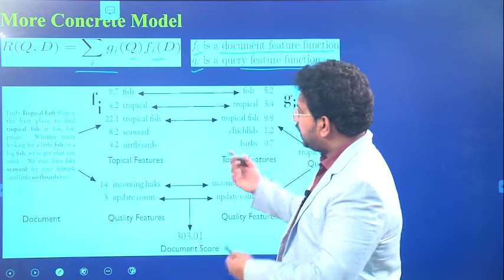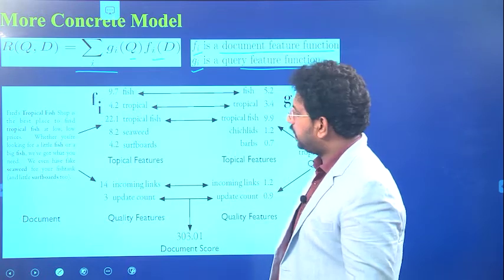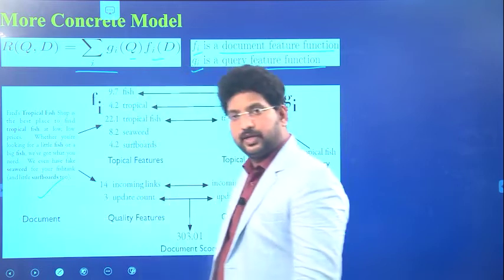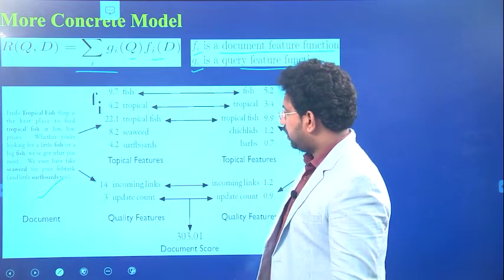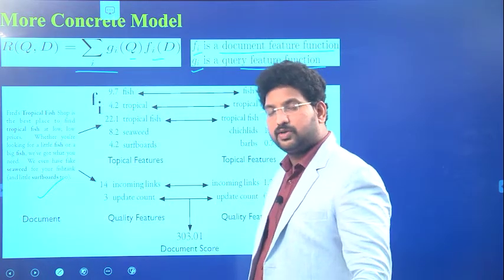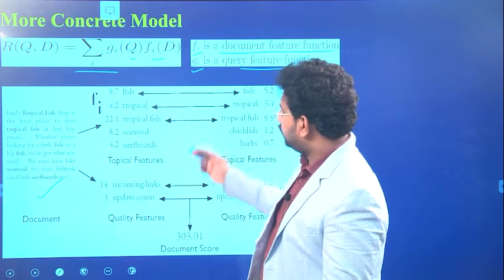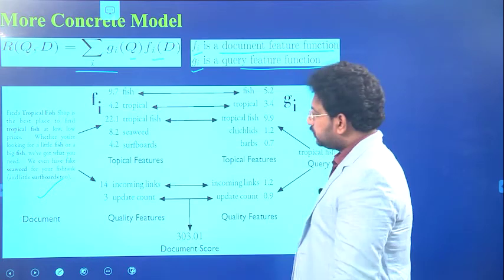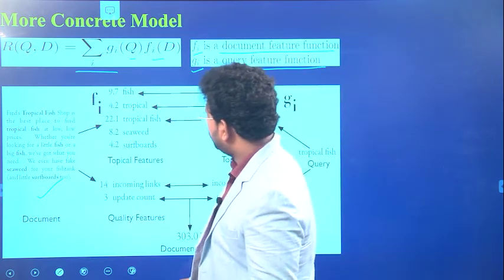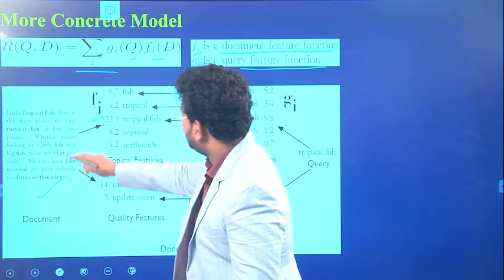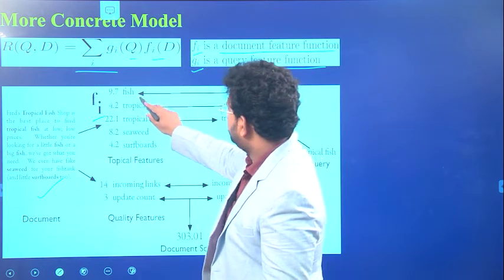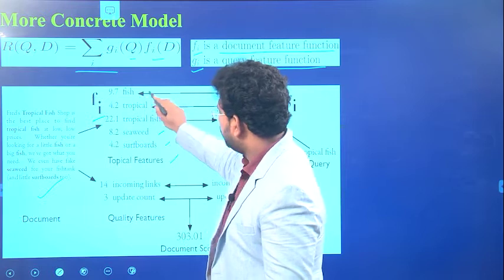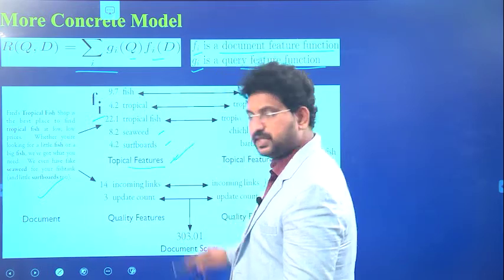As part of the abstract ranking model, we already saw that from the document, a number of document features or index terms are identified, and they are represented with fi. So fish, topical fish, different words you are able to identify as the topical features.